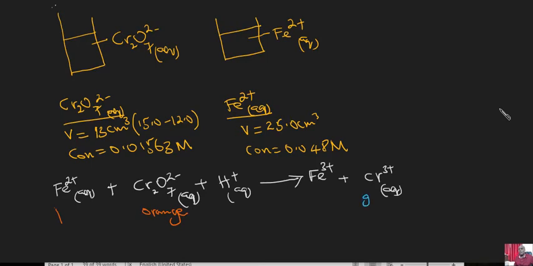That's why the solution at the end was turning green before the end point was reached, which actually was turning pink. Then the other one, we have hydrogen and oxygen, so we are forming water on the other side. So that is the equation we want to build, and we establish the mole ratio that exists between the iron 2 and the dichromate 6 when they are reacting.